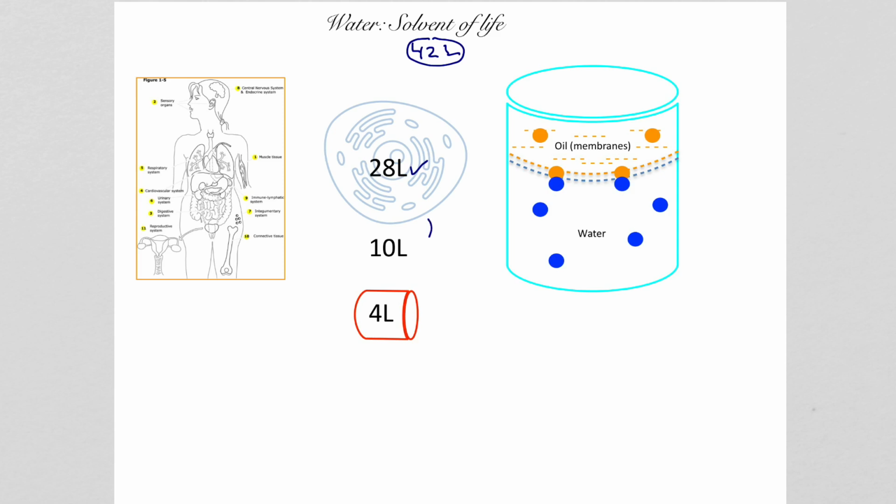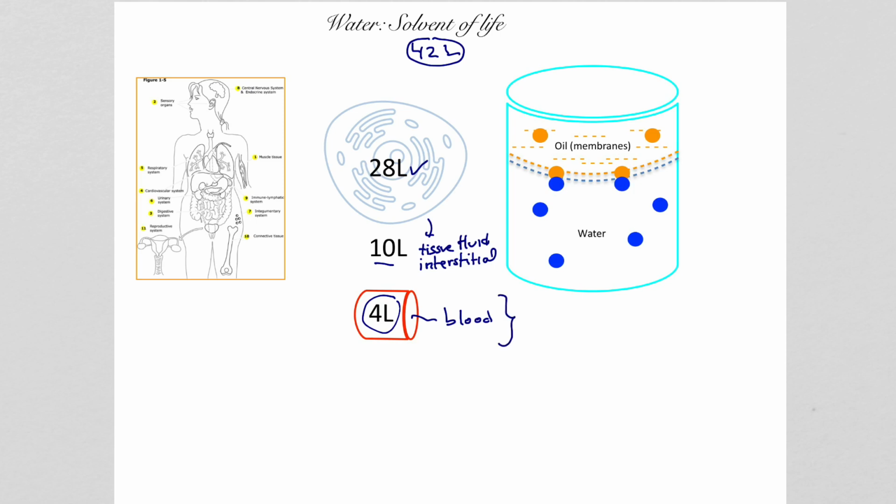Outside the cell, or extracellular, or what sometimes we call tissue fluid, or interstitial fluid, there's roughly about 10 liters. And inside our bloodstream, the intravascular compartment, there's roughly about 4 liters of water.